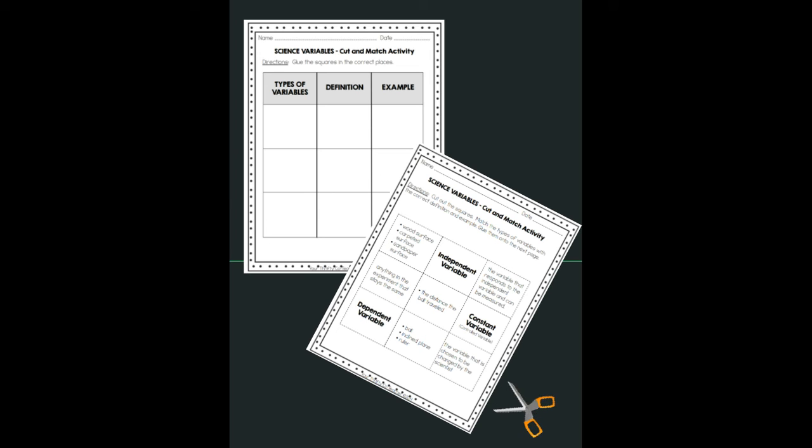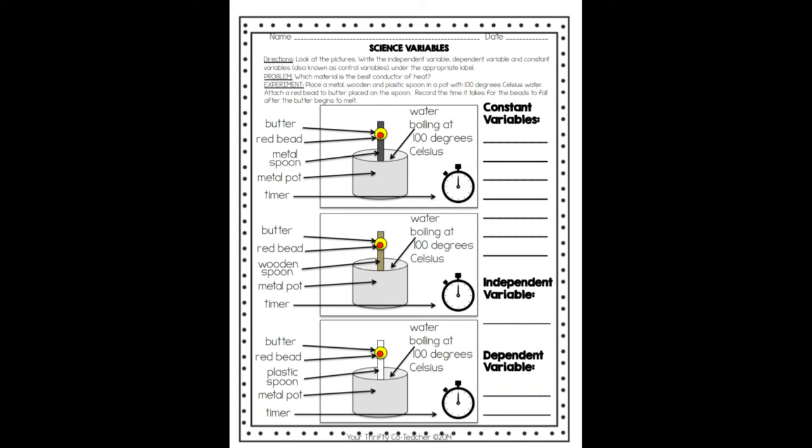And then your second variable activity for today is to look at these pictures and determine the independent variables, the dependent variables, and the constant variables in this experiment. The question was, which material is the best conductor of heat?